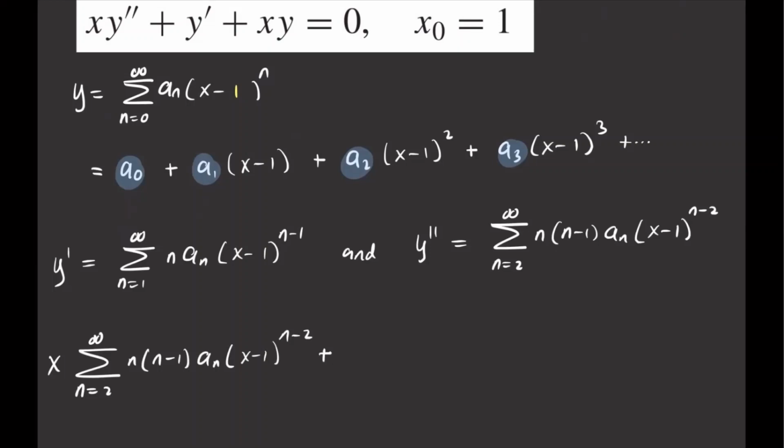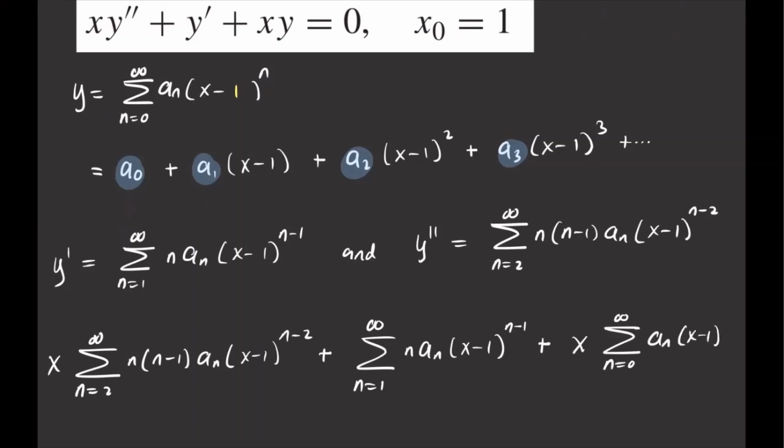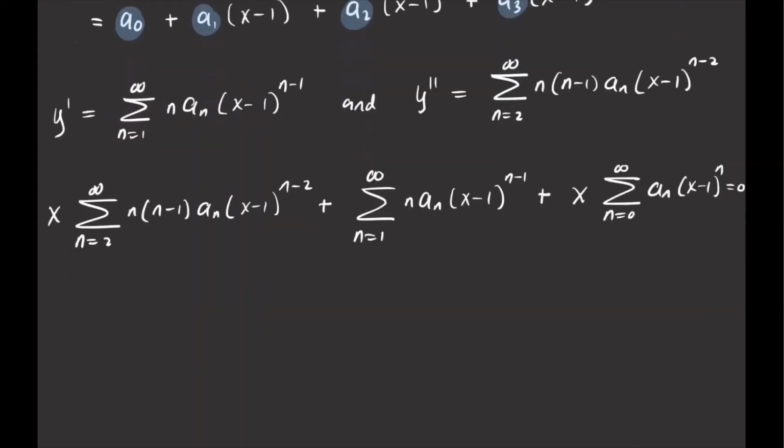That's the sum starting from n equals 1 to infinity of n times a sub n (x minus 1) to the power of n minus 1, plus the last term, which is x times y. So that's x times the sum starting from 0 to infinity of a sub n (x minus 1) to the power of n, and everything equals 0. All right, now let's clear this up.